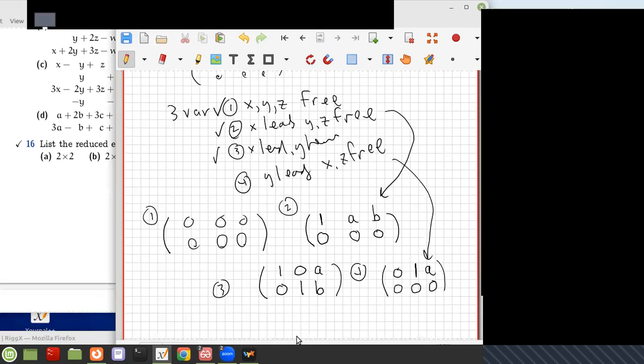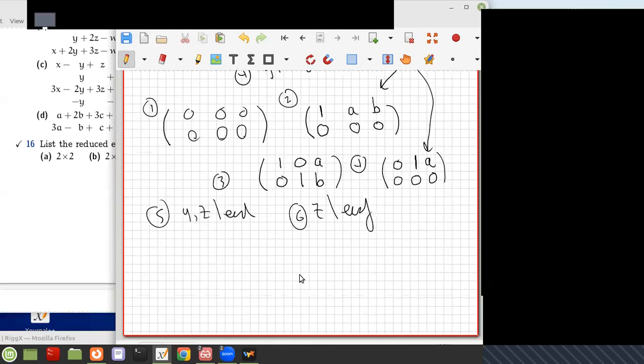Did you have Z leading? Oh, what if? Oh yes, no, I left off one. Yes, as someone pointed out, in fact, there's several more. Okay, 5, we can have Y and Z leading. And 6, Z leading. Okay, so there are some more. So 5, let's have Y and Z leading.